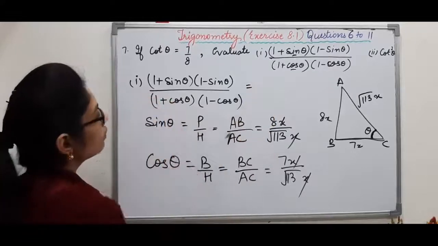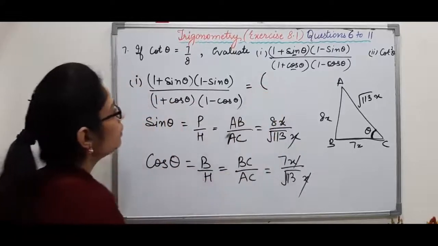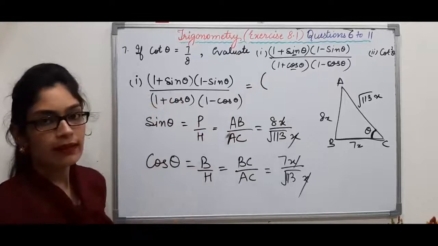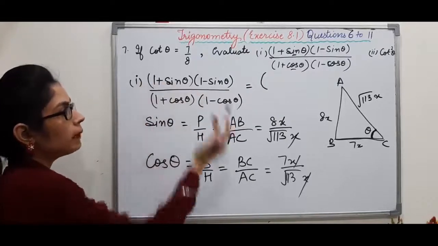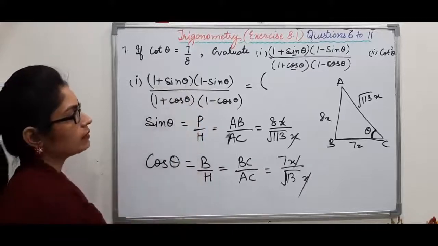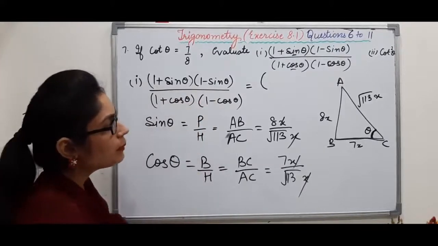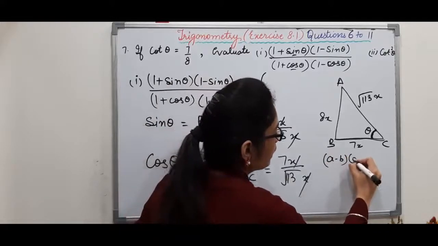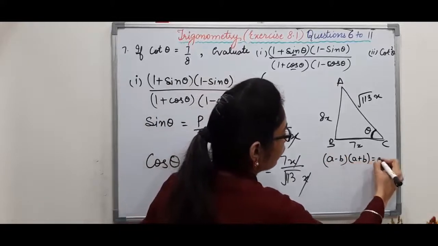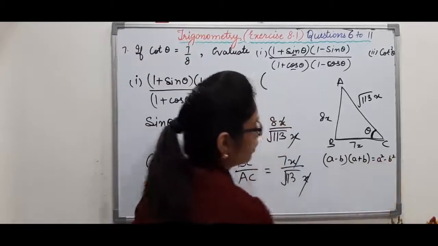So let's start this. One algebraic identity we have to use here. If you see, this is 1 plus sine theta, 1 minus sine theta. This is similar to one identity: A minus B, A plus B is equal to A square minus B square.